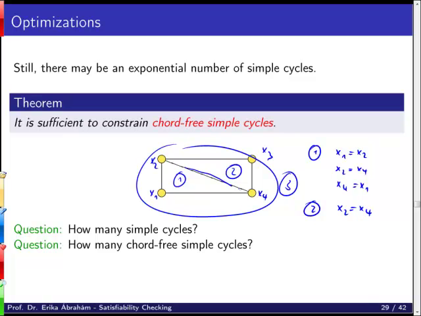This is this line. This line is x3 equals x4. And the last one is x2 equals x3. And what would be the number 3? Cycle 3 would contain exactly the ones which are inside, but not the x2, x4 constraint.